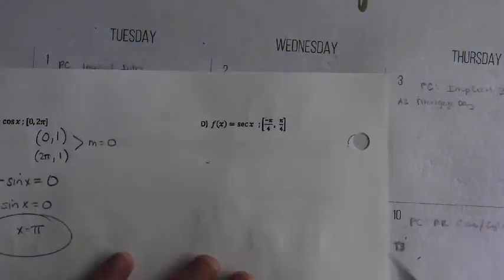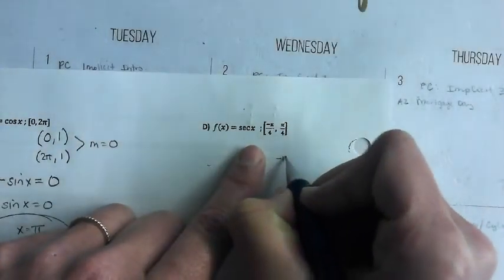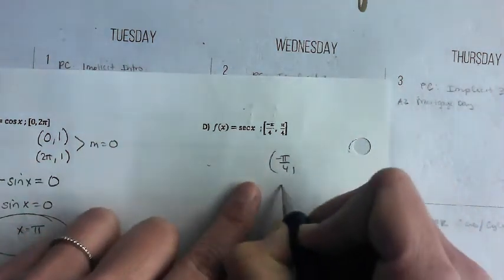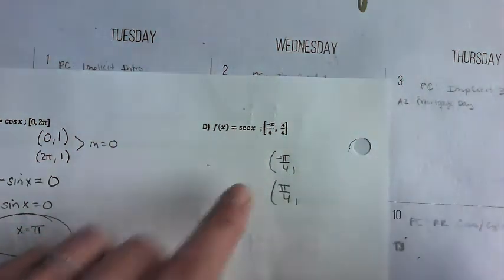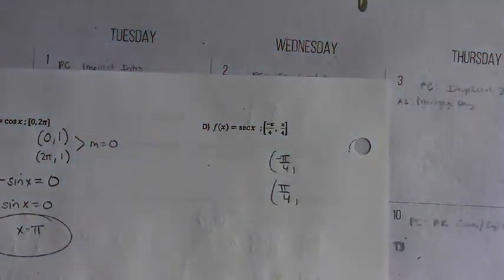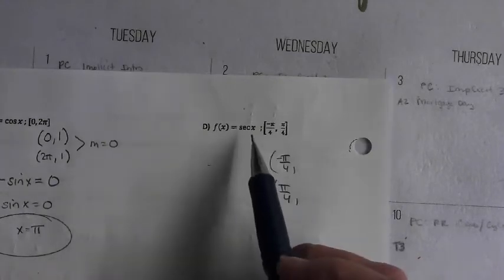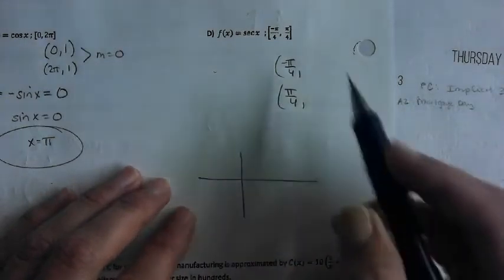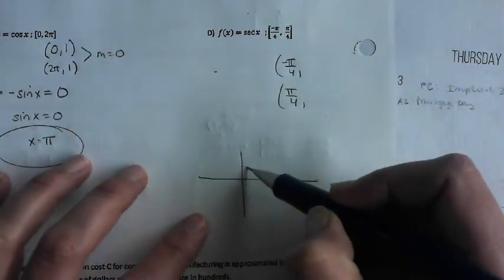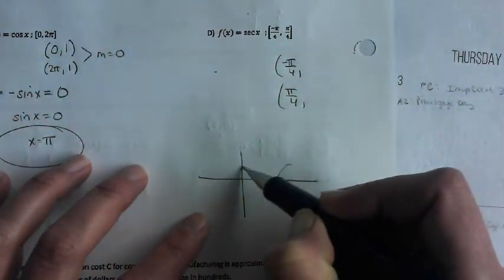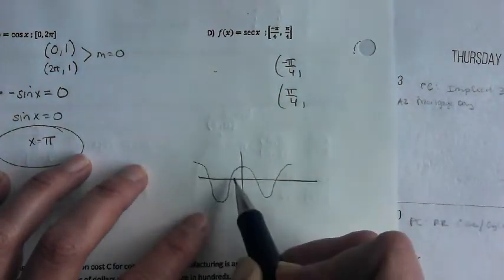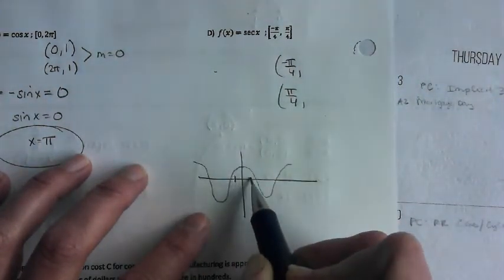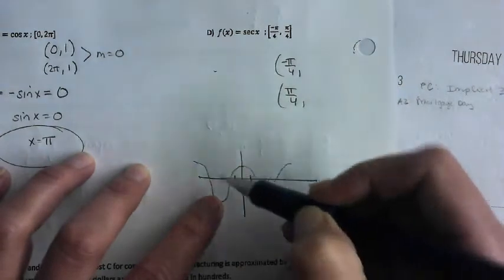Secant. All right. Negative pi over 4 and pi over 4 have to be plugged in just to confirm. Secant is not a continuous function, right? Quick review. Secant is the flip of cosine. So if I look at a cosine curve from negative pi over 4, which is here, to positive pi over 4, right?